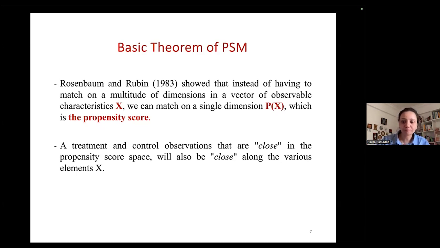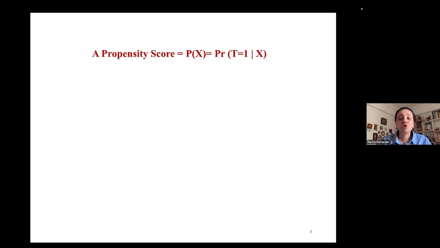Okay, so as I said, the propensity score is a probability, a value that is based on the different X characteristics. In other words, it is the probability of being selected into the program based on these characteristics.